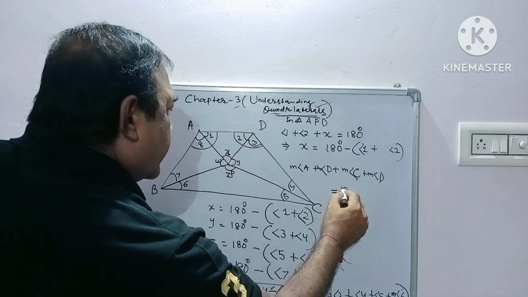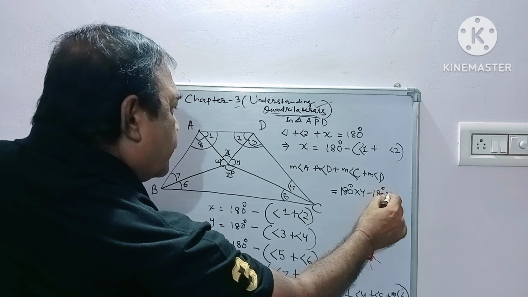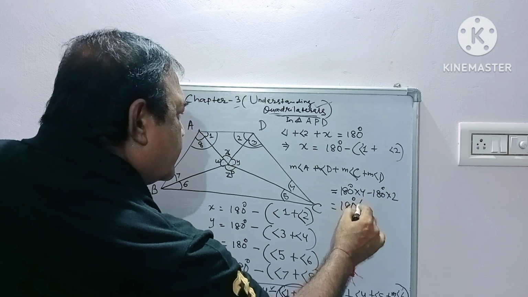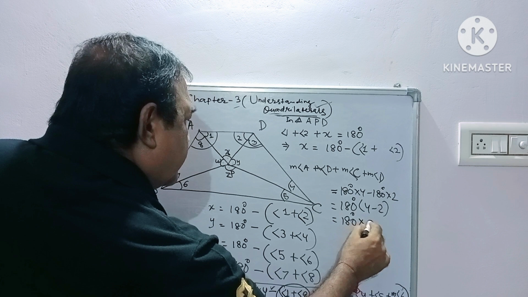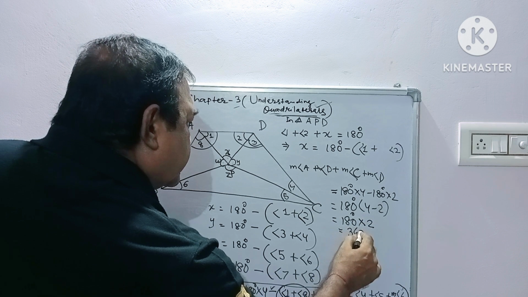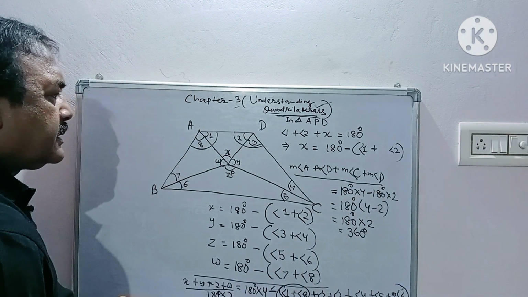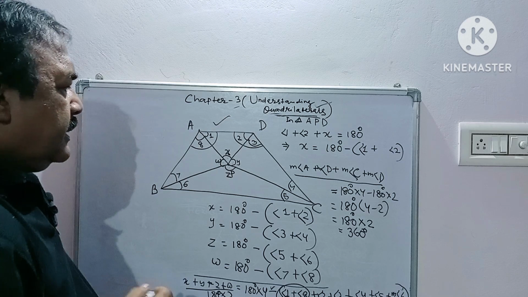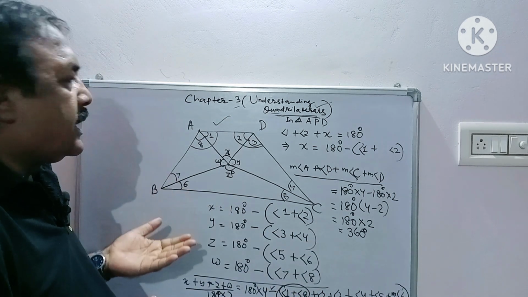So what will happen here now? 180 degree into 4 minus 180 degree into 2. You use the distributive law, that is 180 degree into 4 minus 2, that is 2, that is 360 degree. So the sum of the measures of the interior angles of a quadrilateral is 360 degree, whether it is a convex quadrilateral or concave quadrilateral.